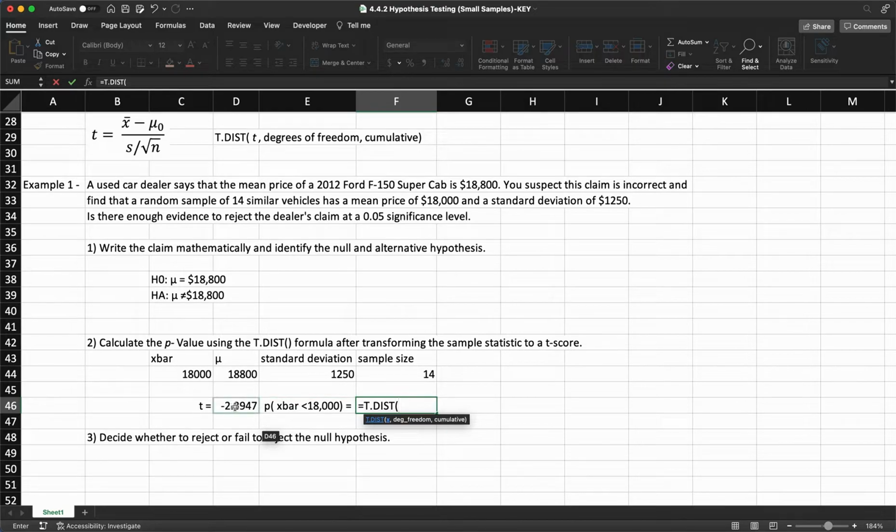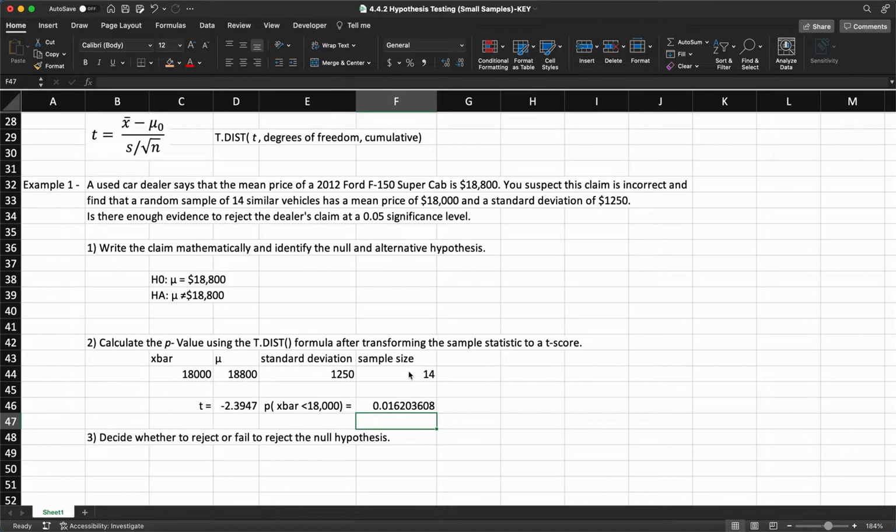And so I'm going to put in, it says x, but that's really my t value, comma, degrees of freedom is going to be this value minus 1, comma, do we want this to be cumulative or not cumulative? And we want it to be cumulative because we want all of the area to that side. And that gives me a value of 0.016203608.